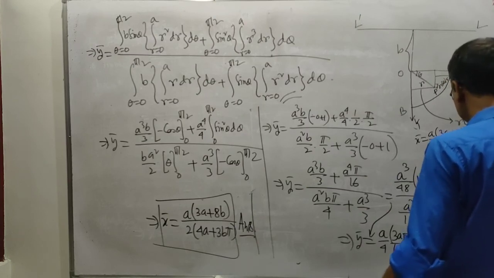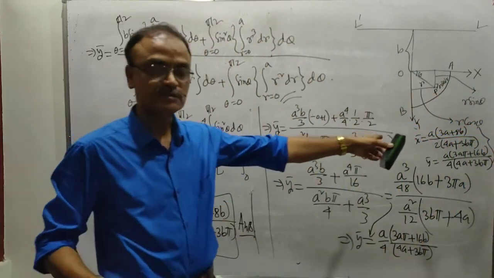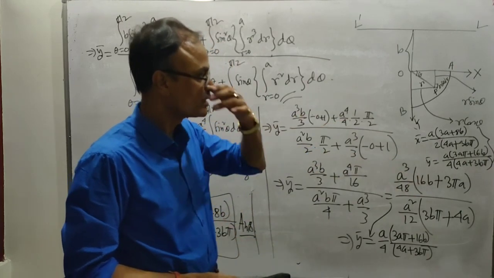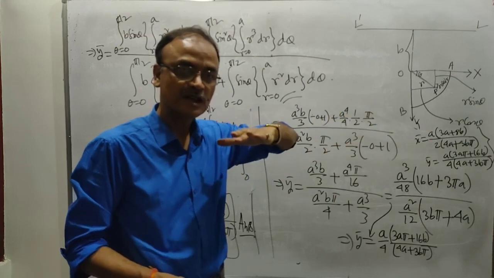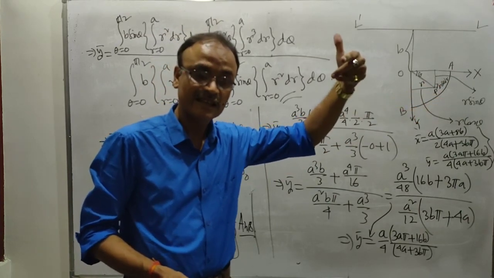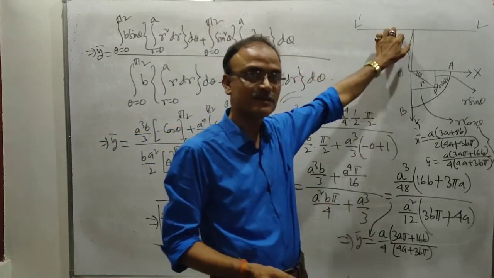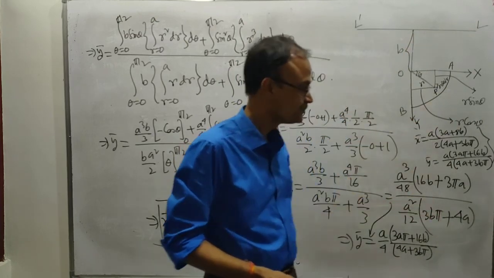This is the answer. Therefore, these are the coordinates of the center of pressure of the quadrant immersed in the liquid, such that one radius is horizontal and this radius is at a depth B below the effective surface. Then the center of pressure is given by this.